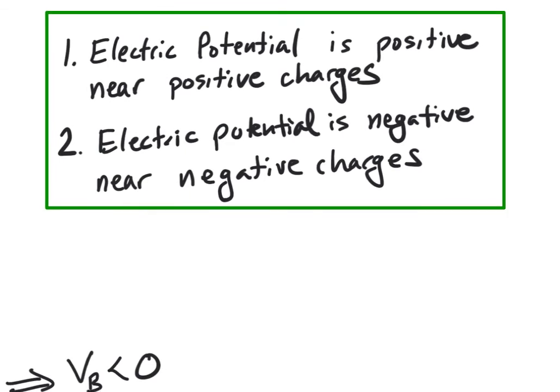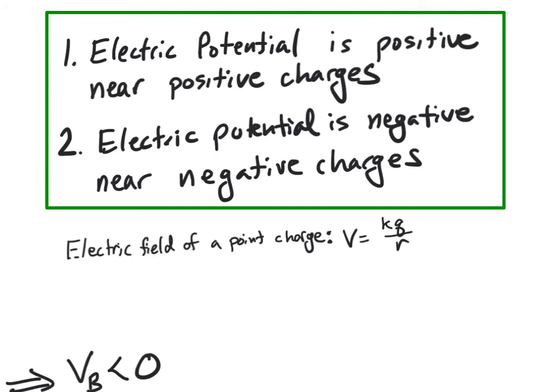And it turns out that the electric potential created by a point charge is given by the equation V is equal to KQ over R. We're not going to derive this. In fact, we're not even really going to use it, but it shows us that if you have a positive value of charge, then the value of the potential will be positive. It will create a positive potential.